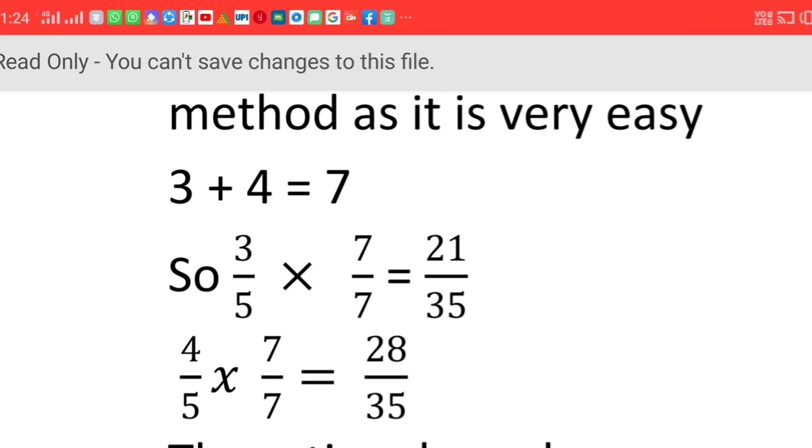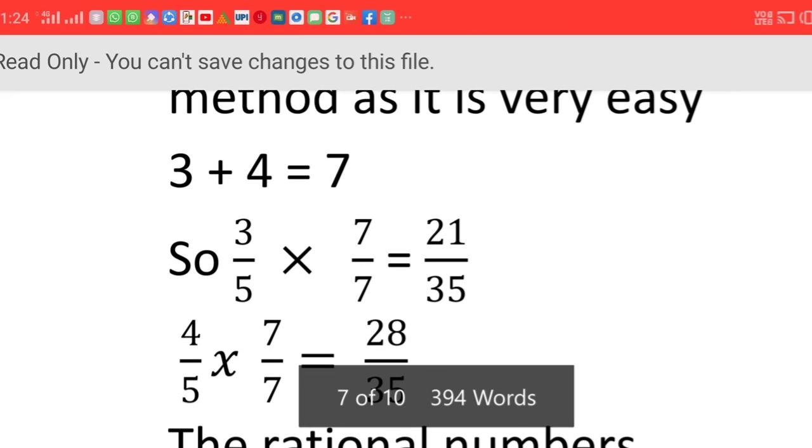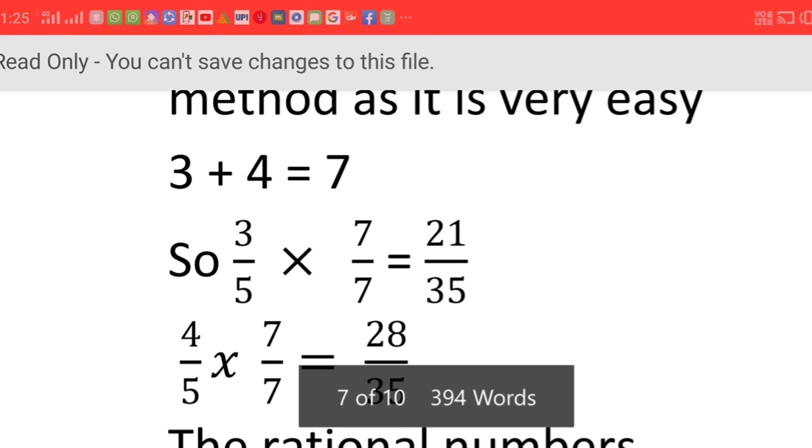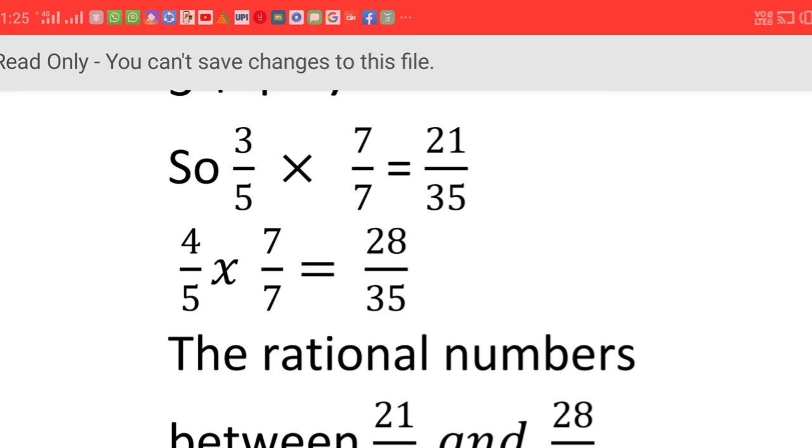3 by 5 into 7 by 7. You will get 3 7s are 21 and 5 7s are 35, that is equal to 21 by 35. 3 by 5 is equal to 21 by 35, दोनों same number है. Second number is 4 by 5.